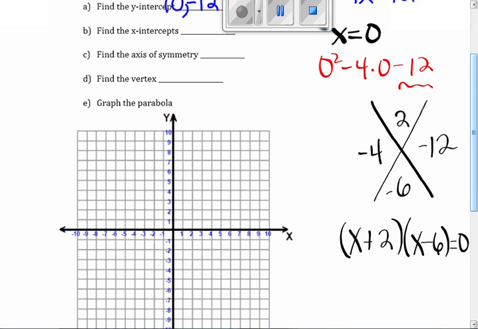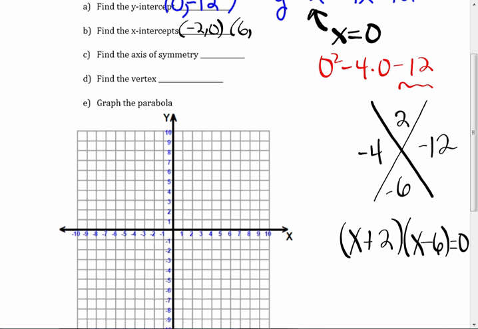Is that okay? This is review, but you might have forgotten it. So what are the x-intercepts? -2, 0, and 6, 0. When I'm looking for intercepts, I would like to have them in ordered pair form.